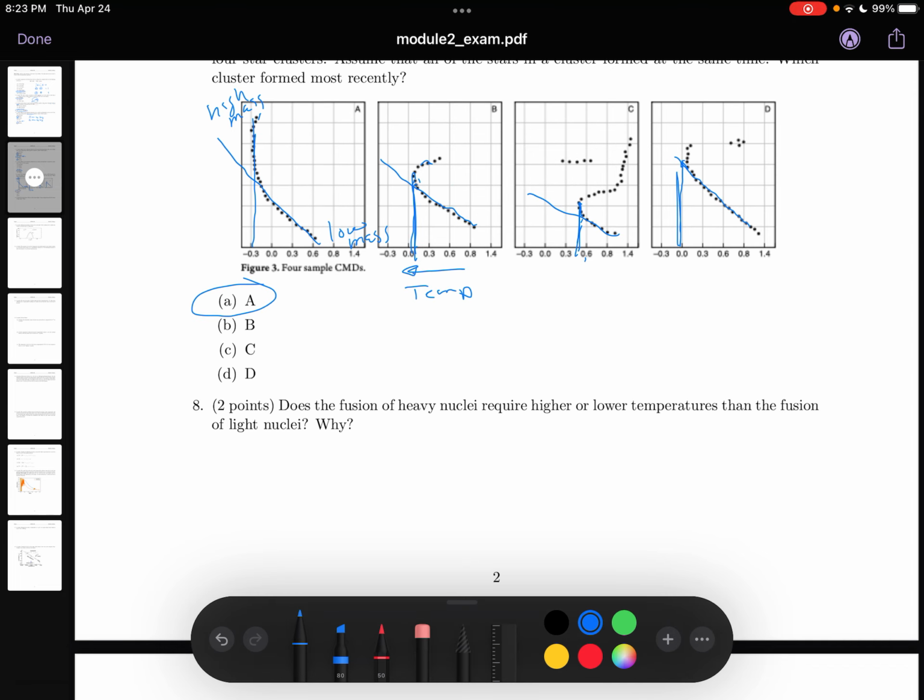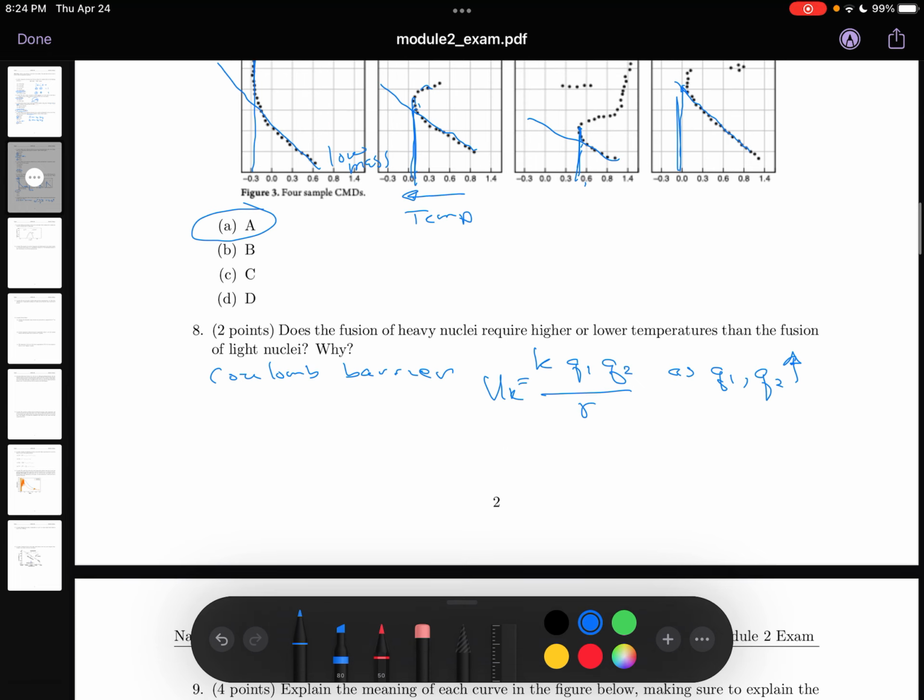And then, does the fusion of heavy nuclei require higher or lower temperature than the fusion of light nuclei? So it relates to that first question about the Coulomb barrier. The Coulomb barrier is going to be K Q1 Q2 over R, if we just look at the potential energy. So as Q1 and Q2 increase, it's going to get harder and harder for the nuclei to come together and actually fuse, right?